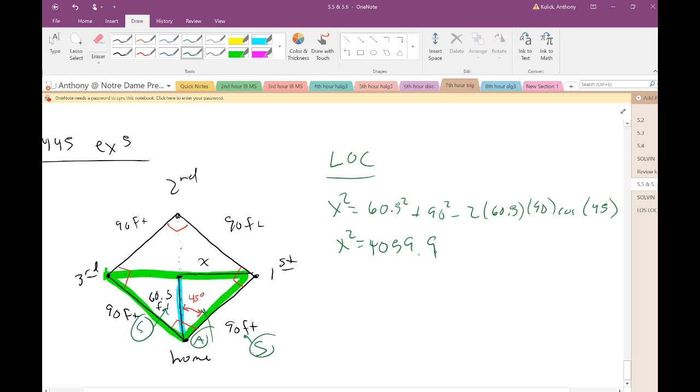Is that my answer? It definitely can't be that far. Well, that's a far throw. Good luck with that, baseball stars. What do we need to do to that? Yeah, take the square root of that. And when I do that, I get 63.7.